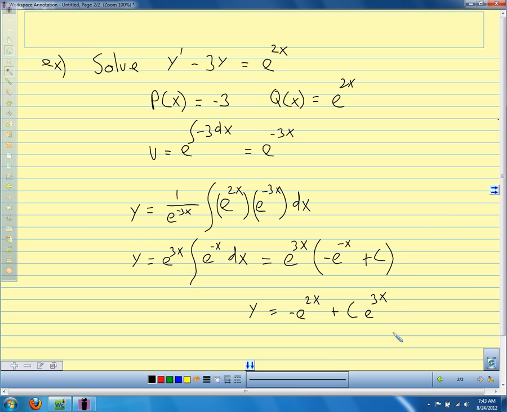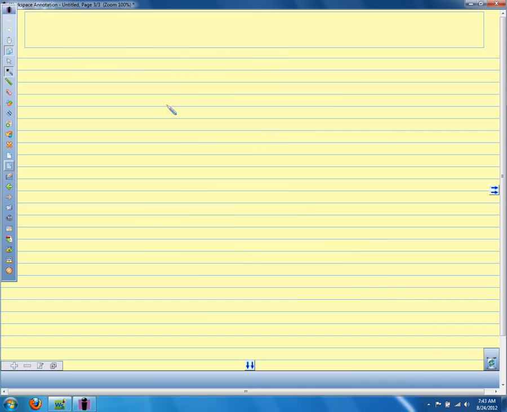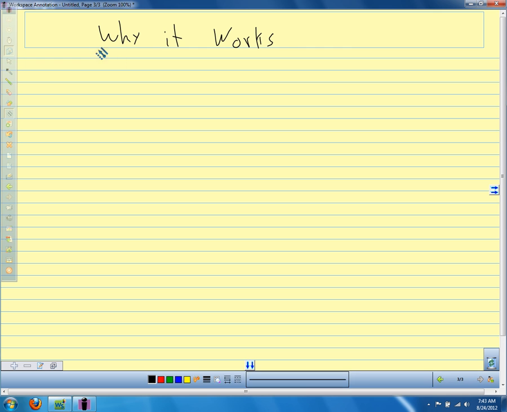Let's take a look at why this integrating factor, why the solution looks the way it does. The whys, I think, are always when it gets more interesting. So our equation is y prime plus p of x, y equals q of x.